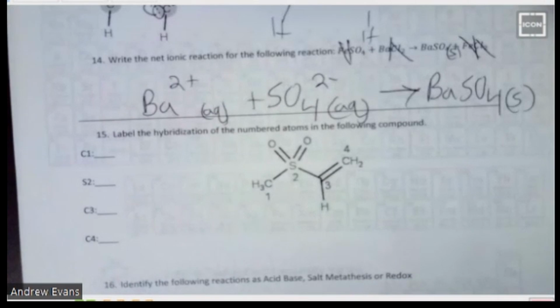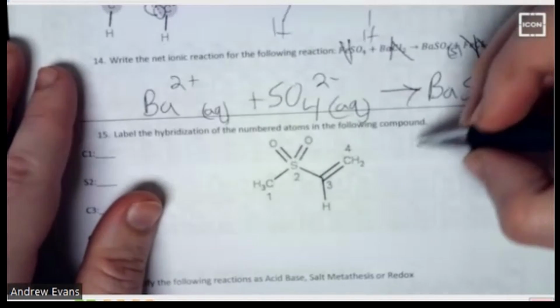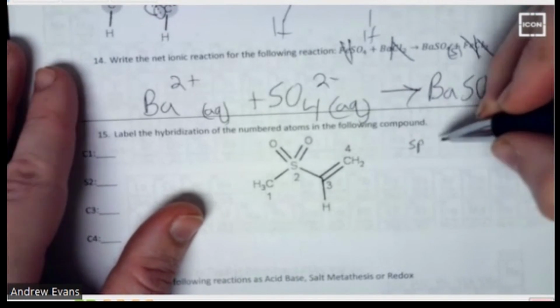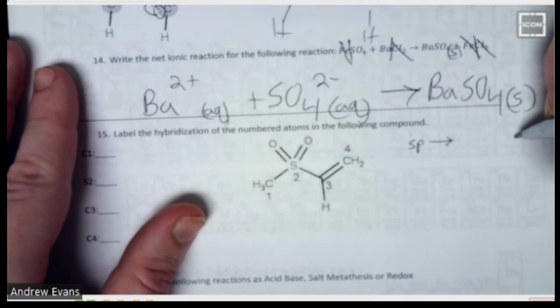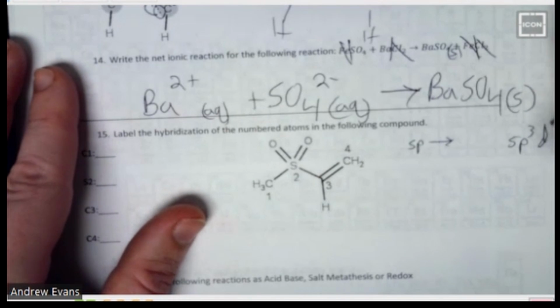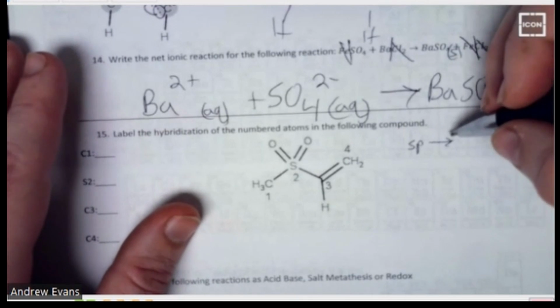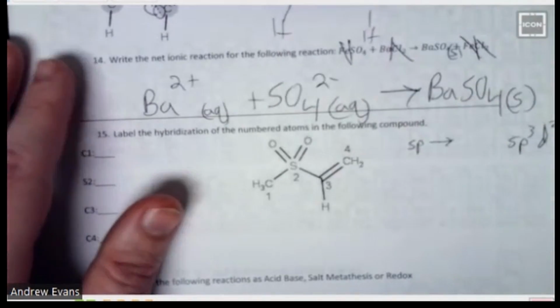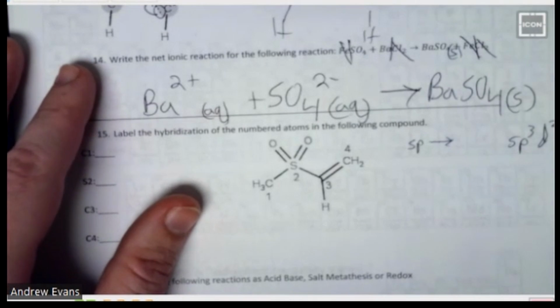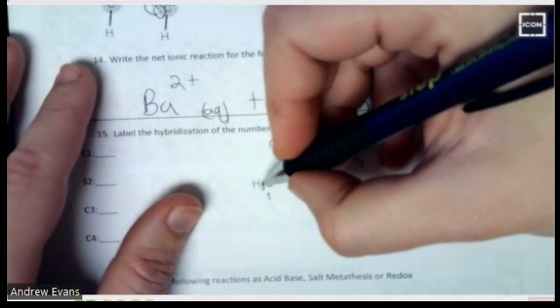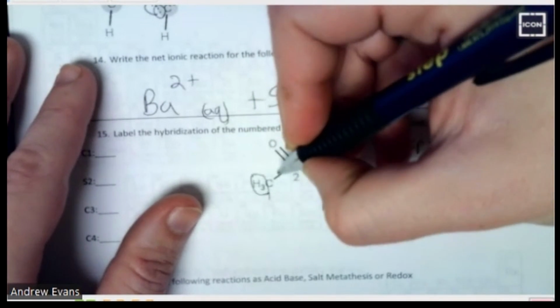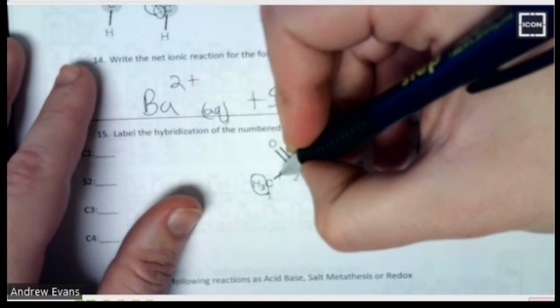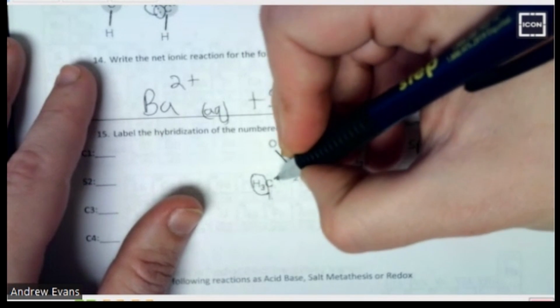Label the hybridization. Hybridization is we go from the sp all the way to the sp3d2 based on how many sigma bonds are coming off of the compound. 3 plus 1. So this carbon has 4 things. 4 things means it's sp3.